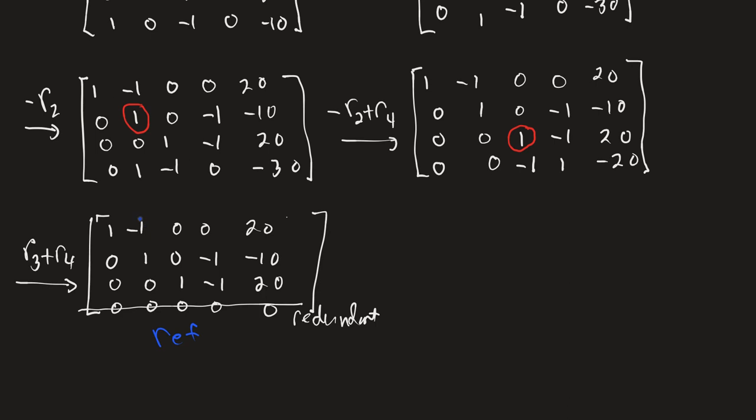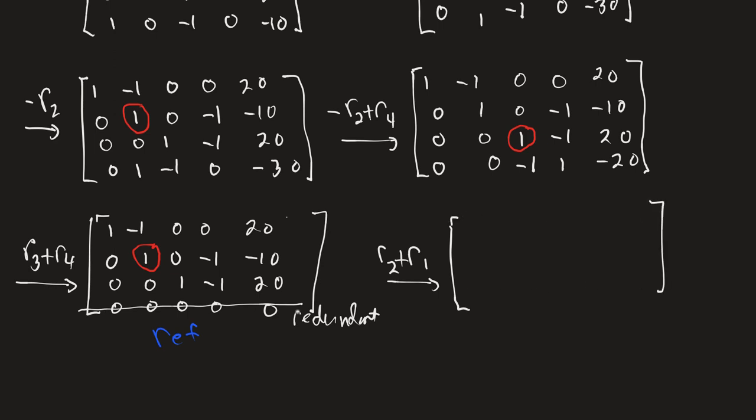So if we just eliminated this, then we could say it's an RREF, and that will make it a little easier to write down the solution. So going back and using this as my pivot, let's eliminate the -1 that's above it. If I take row 2 and add it to row 1, this becomes my new augmented system.